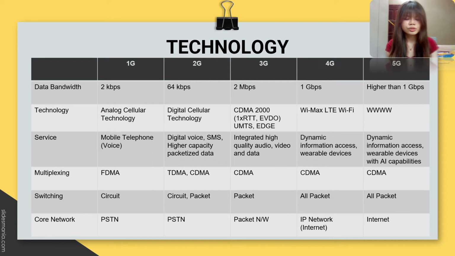For the core networks, 1G is PSTN, 2G is PSTN, 3G is packet network, 4G is an IP-based network, and 5G is also an all-IP network.